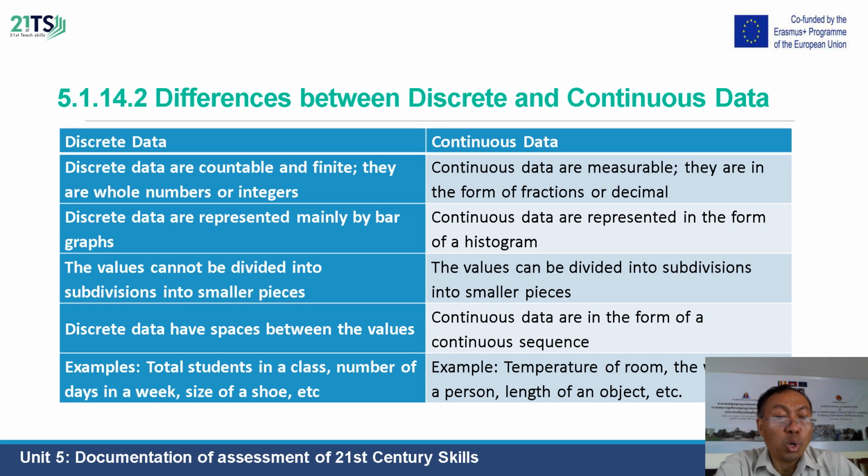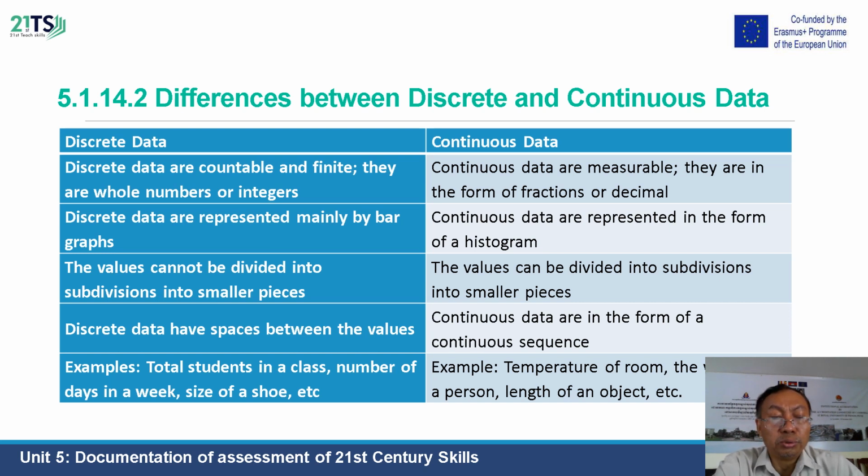They are whole numbers or integers, whereas continuous data are measurable. They are in the form of fractions or decimals. Discrete data are represented mainly by bar graphs. Continuous data are presented in the form of histograms.